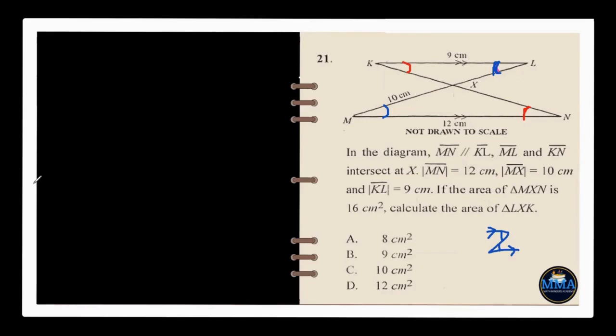Let's pick another color. Let's take green. This angle here and this angle here, they are equal. They are called vertically opposite angles. Now, let's name the two triangles that are similar.